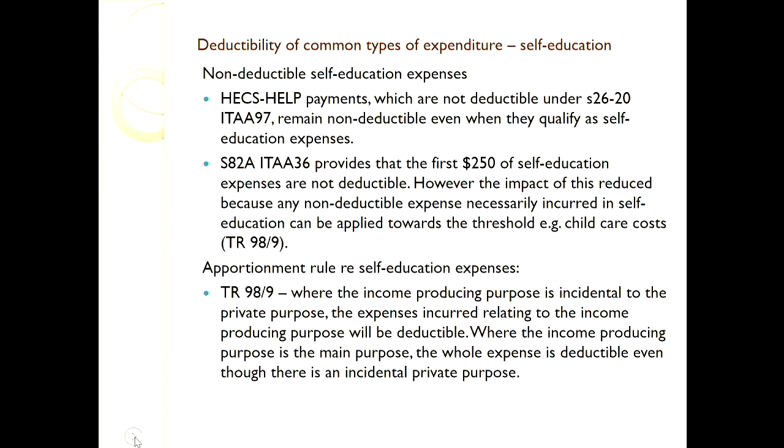However, this is another reason why I don't mind if students say nothing about this rule: usually, most of the time, this rule is not actually a hassle, and you don't have to even worry about it, because the scope for it to operate is severely reduced by the fact that in working out whether you've incurred $250 worth of self-education expense, and whether you can start deducting, you can take into account, for the purposes of that 250 threshold, any expenses that are causally related to self-education, even if they are not tax deductible, okay?